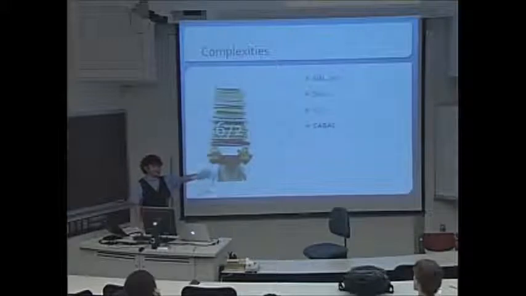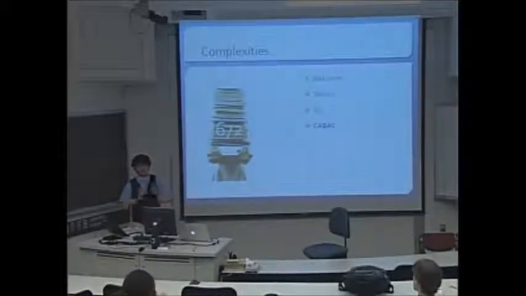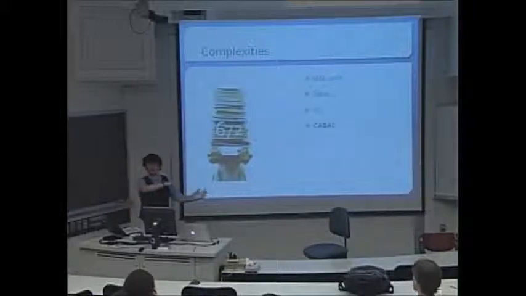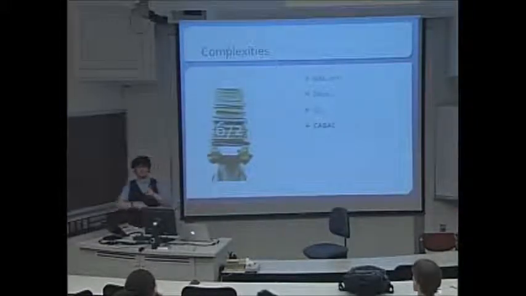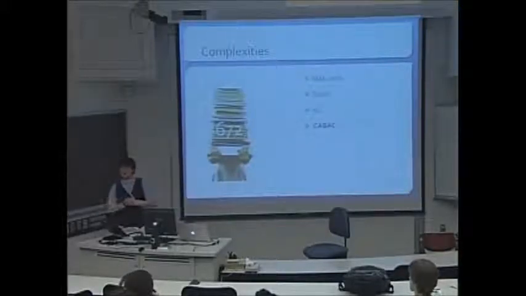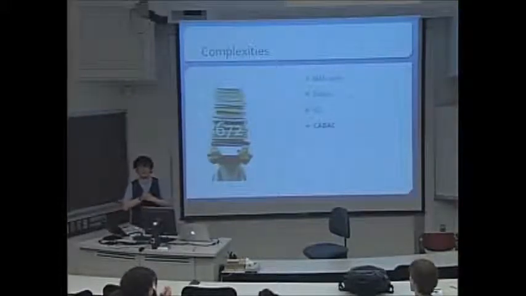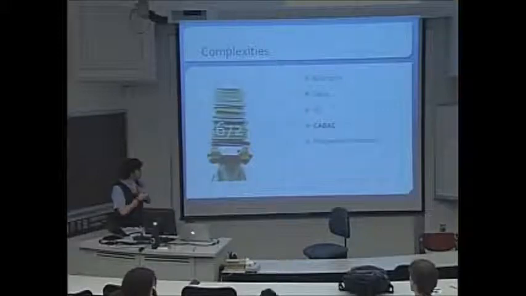So getting one bit out of CABAC isn't just about what context you're in and what you're decoding. It's also about what you have decoded previous to this. It's great for compression, but it's also a big mess for people trying to decode it, like us.